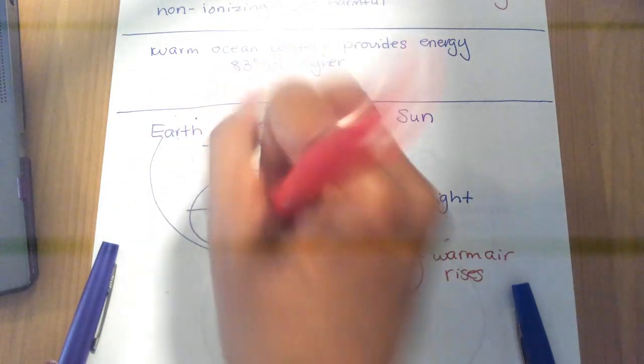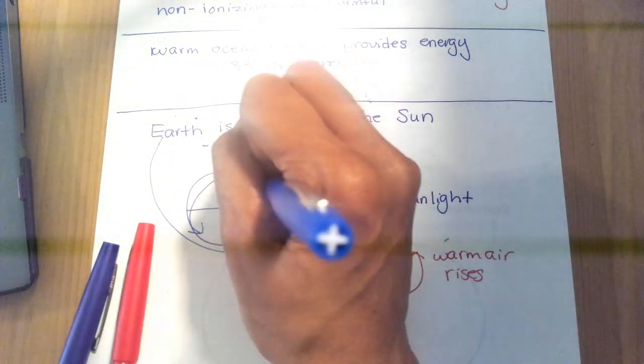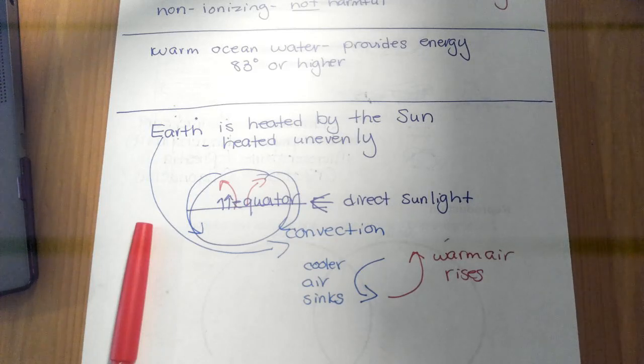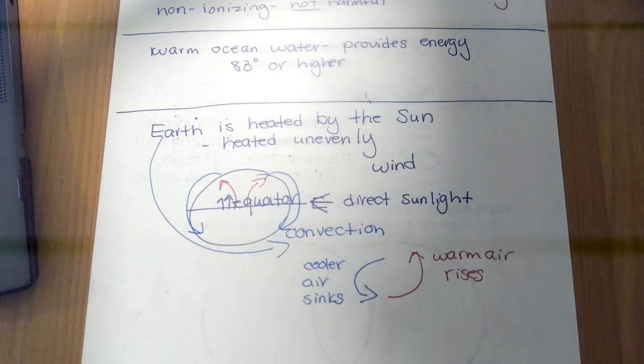Because see, all of this warm air at the equator, it rises, and then by the time it gets north, it cools off, and then it sinks. So Earth is heated unevenly, which causes changes in air density, which results in wind. Okay, so keep that in mind, because you're going to see a question on your test that asks what happens because Earth is heated unevenly. And the answer for that is you're going to have wind. Okay?